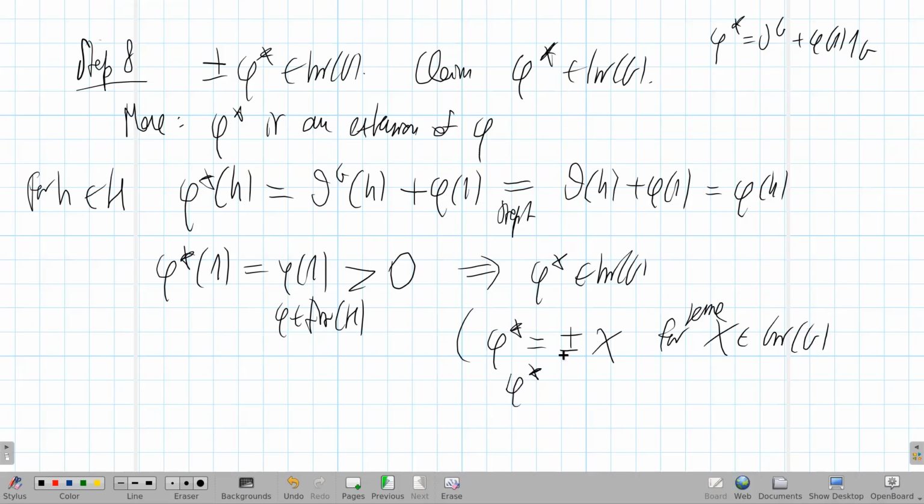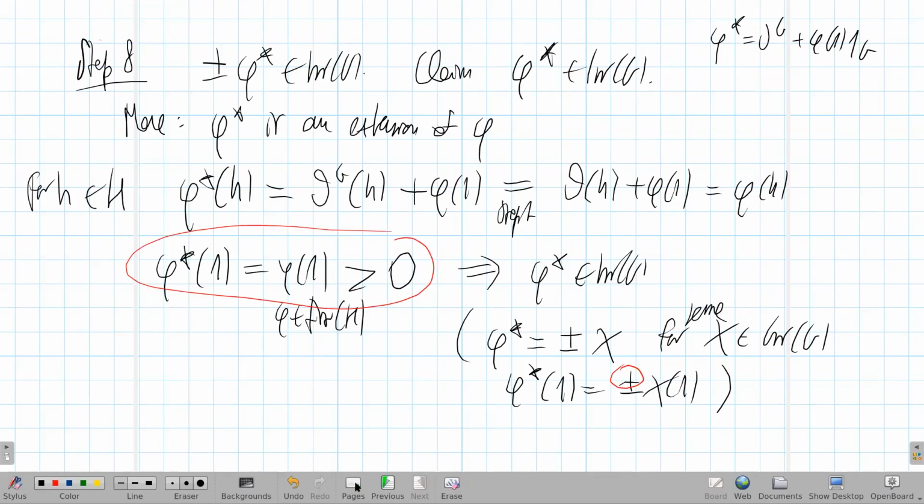So phi star of 1 is equal to plus or minus chi 1. So it's positive if the sign is plus, or negative if the sign is minus. But phi star of 1 is positive, so the sign has to be plus, okay? Because this value is positive.